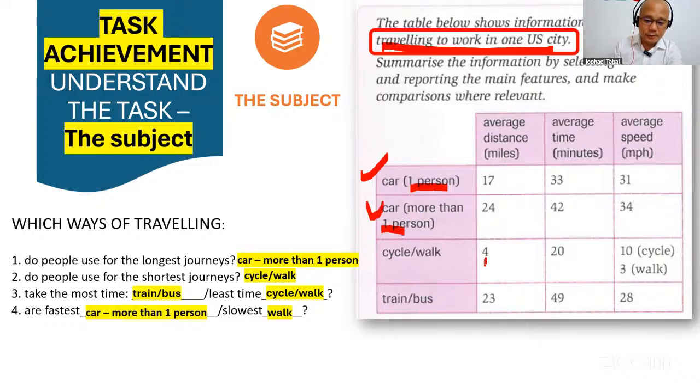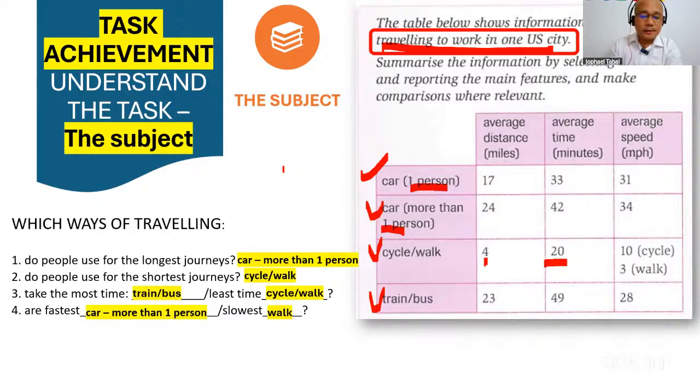Some of them, as you can see, only a few figures here, go to work on foot or cycling, while others go to work by train or by bus, okay? So that's how the people in one city in the US travel to work. So that is the subject there.